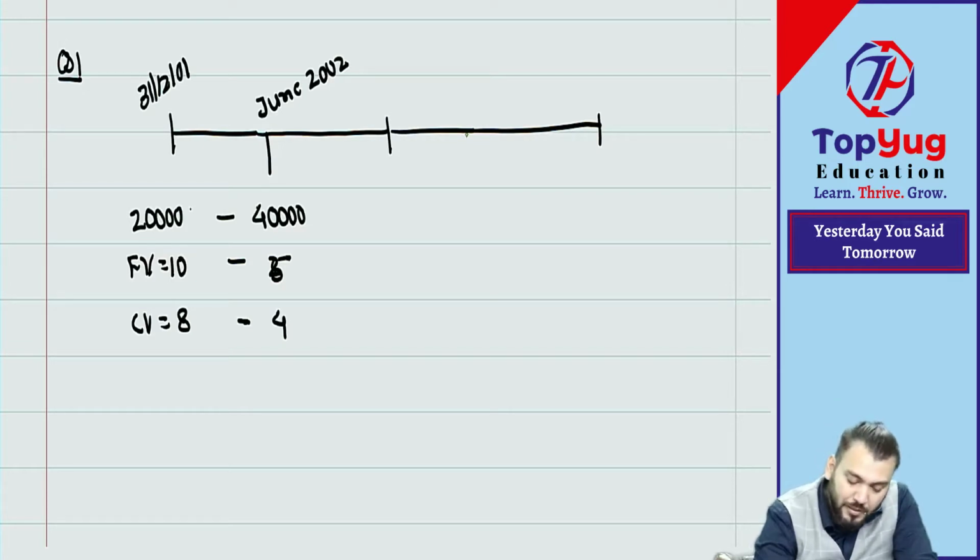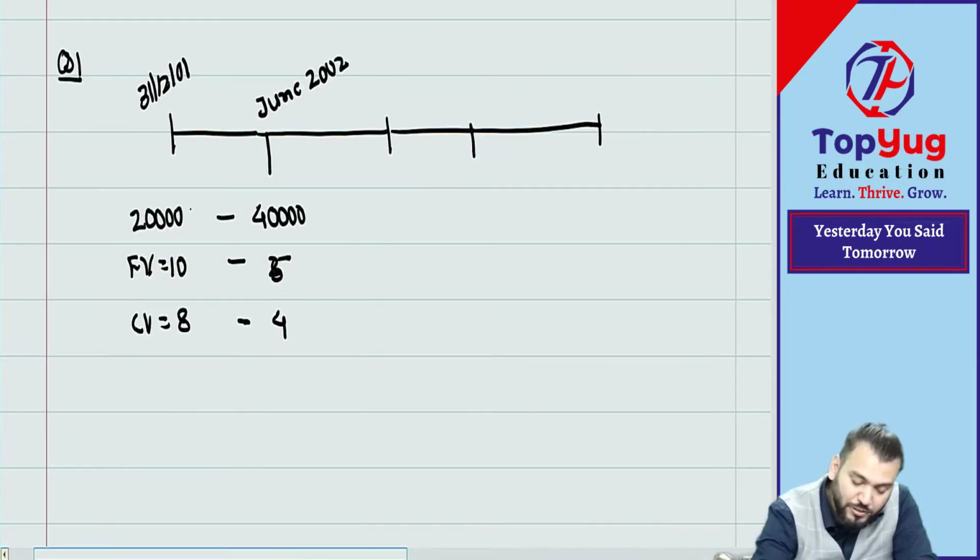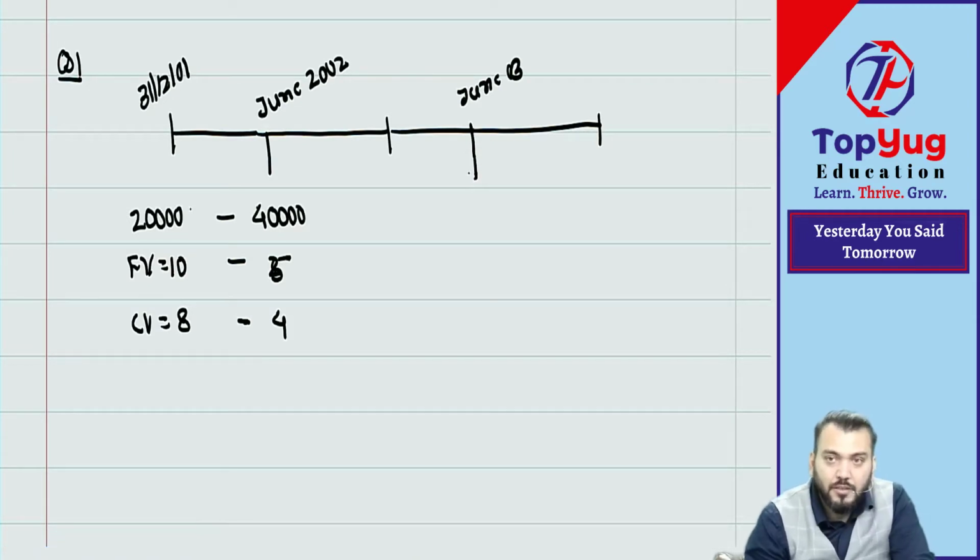Then the next point: in June 2003, they will consolidate 20 shares into 1 share.